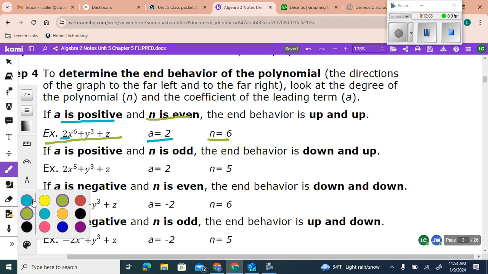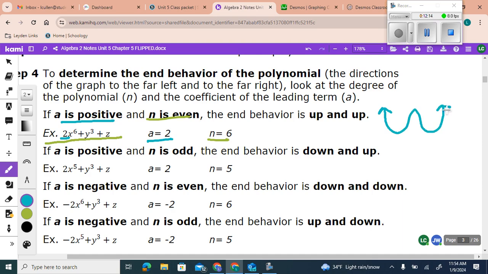What does this look like? It will look something like this. Up and up. Starts up, ends up. These graphs are wild, so they're not linear.